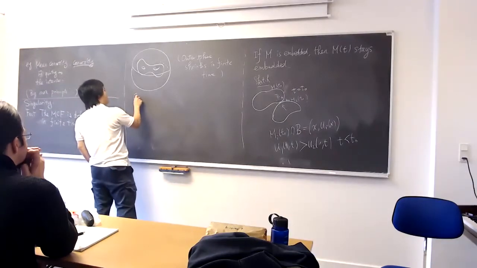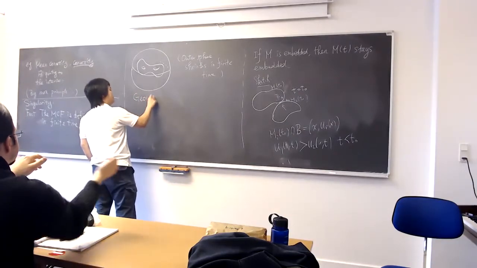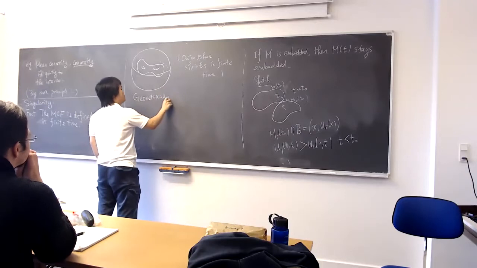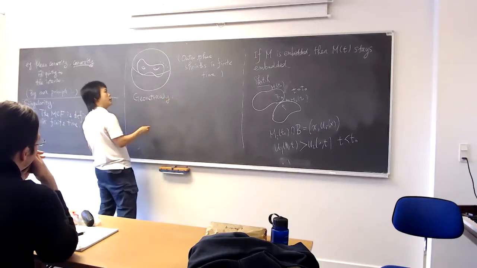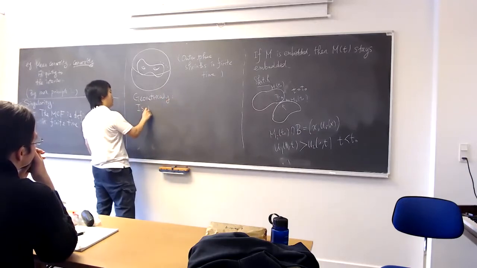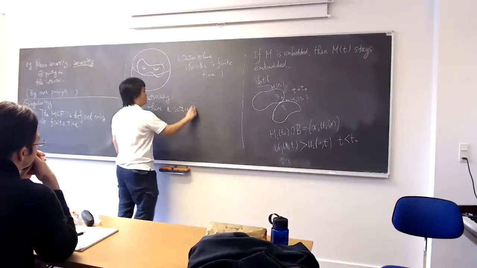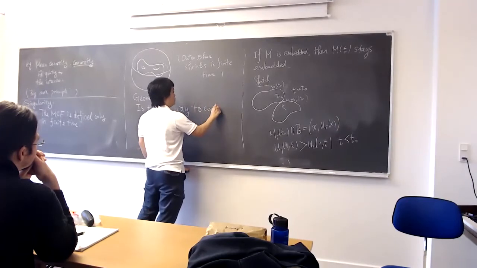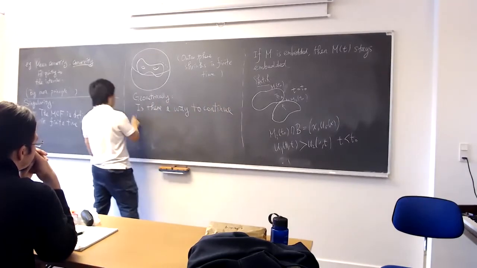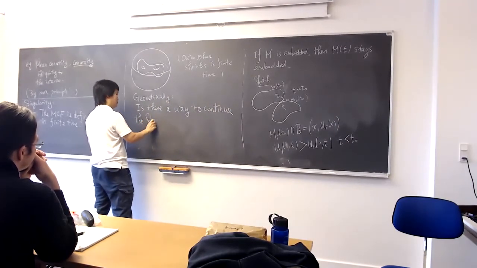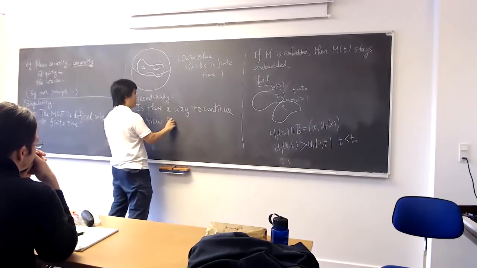So geometrically, what we want is something like this. The question that we ask is, is there a way to continue the flow past the singularity?